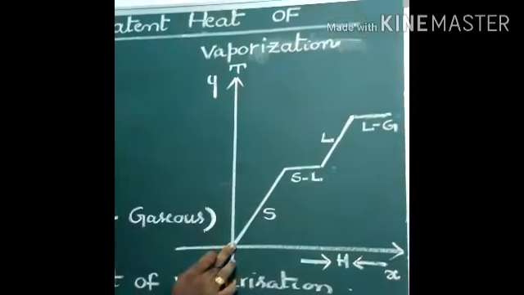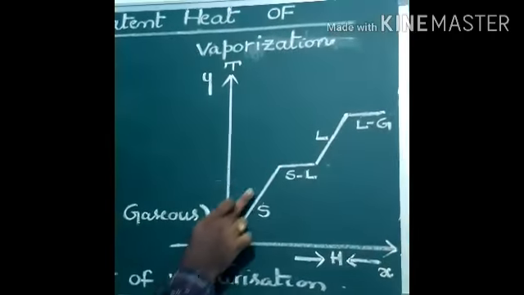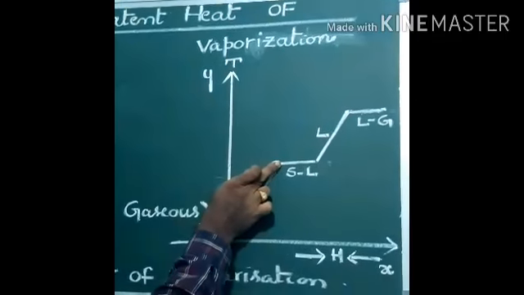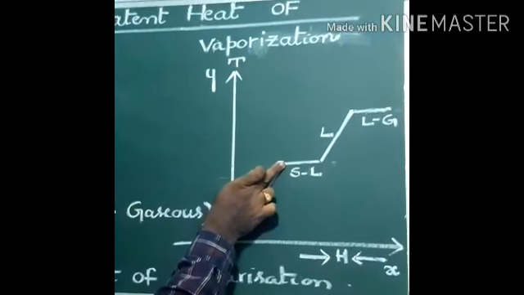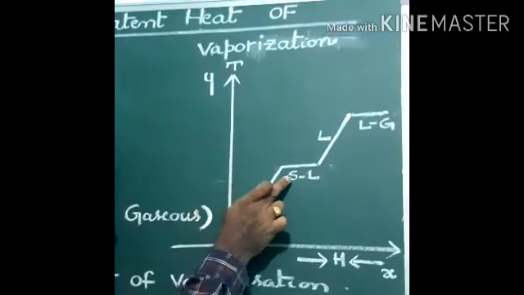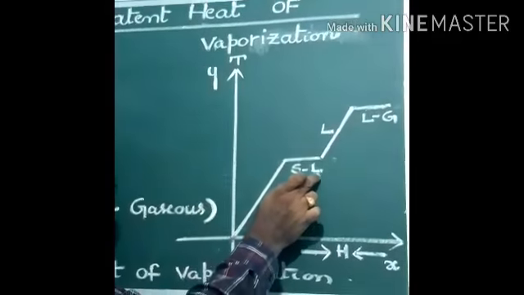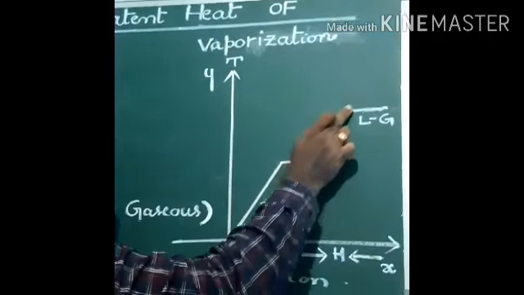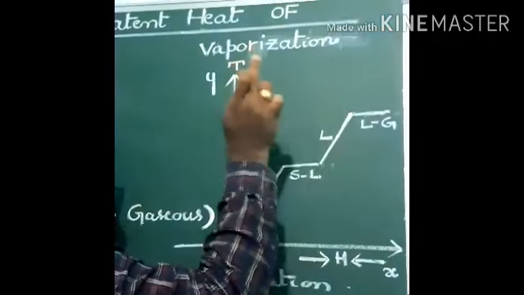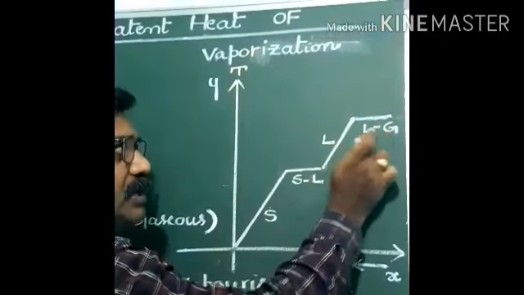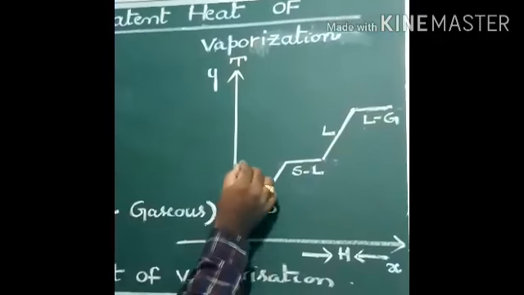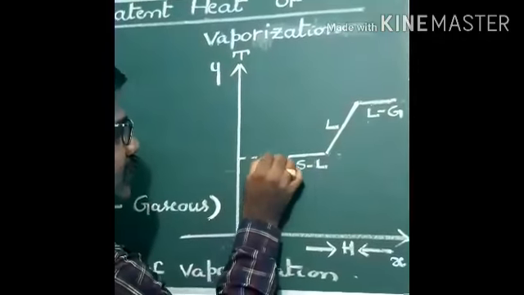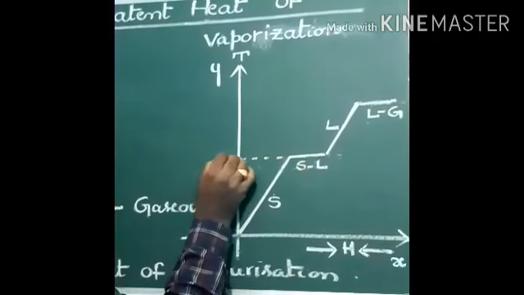So in the solid state, temperature increases, then temperature is constant. Here state changes, solid to liquid. After conversion to liquid, again temperature increases. Here liquid is converted into gases. So both cases happen at constant temperature.